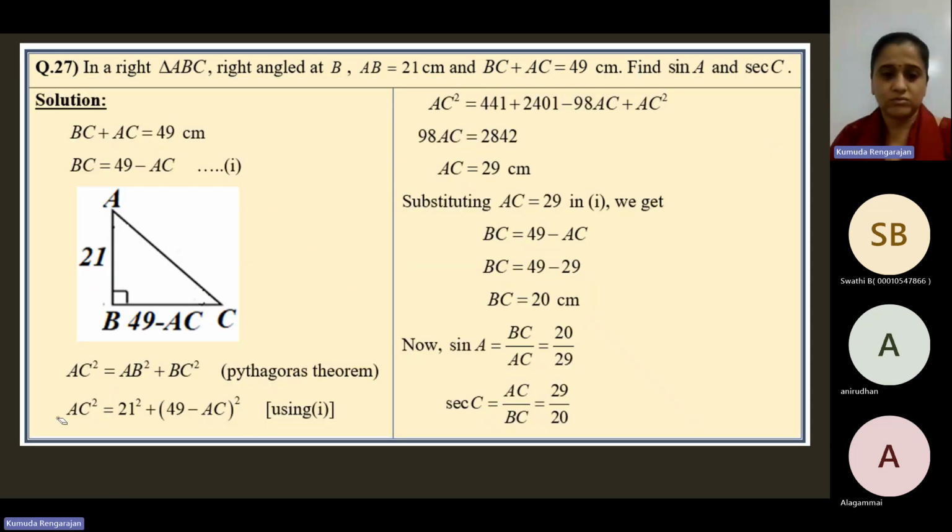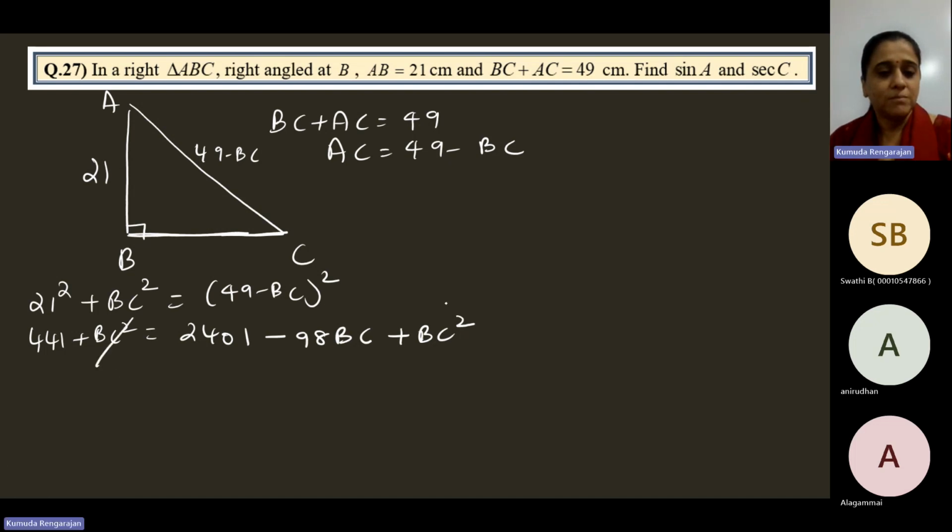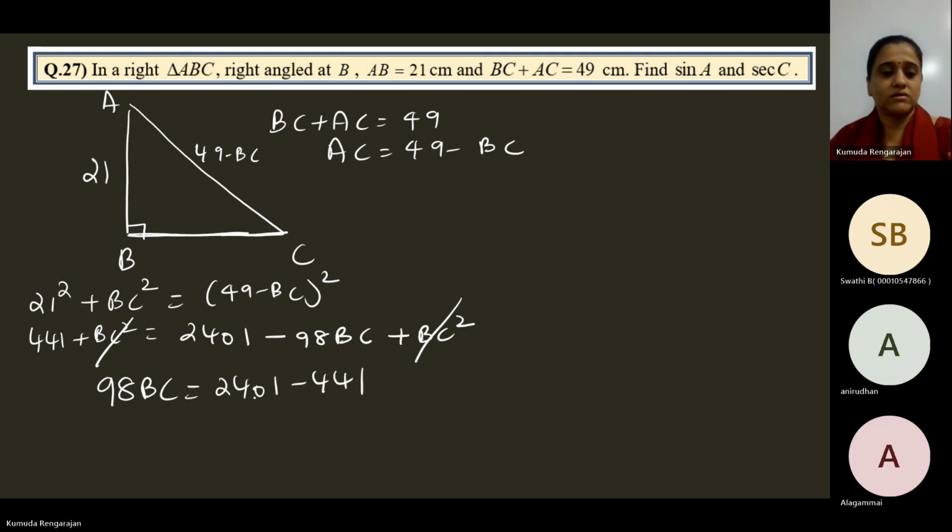We have expanded. Then BC square on either side gets cancelled. Then the minus 98 BC, when you transpose, see, we are solving actually for BC.